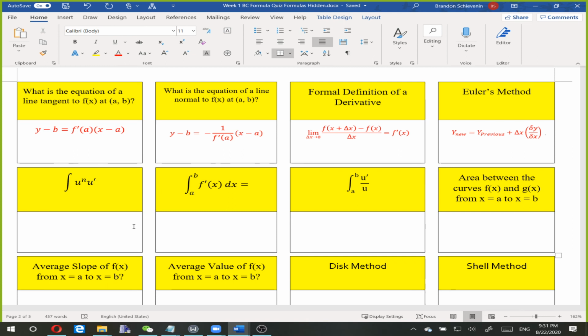If I'm integrating any function and I don't have bounds, then I need a plus something. Plus c, perfect.